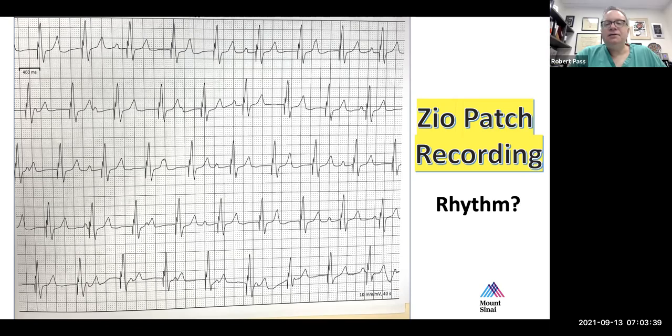I understand what WPW is. Thank you. But in WPW, is there a one-to-one relationship between the P waves and the QRSs? When you're in sinus rhythm with WPW, what is the relationship between the P wave and the QRS?